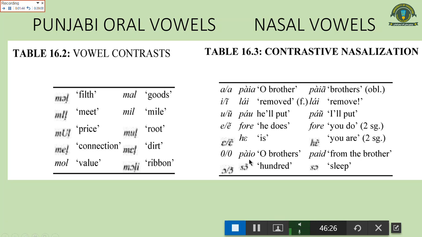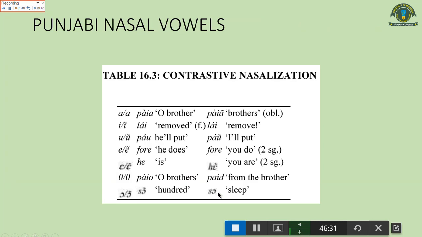You can try to read them through their symbols, I hope. Now we'll move on. There are these contrastive variations. I think I have pasted them again. Yes, it is pasted again.